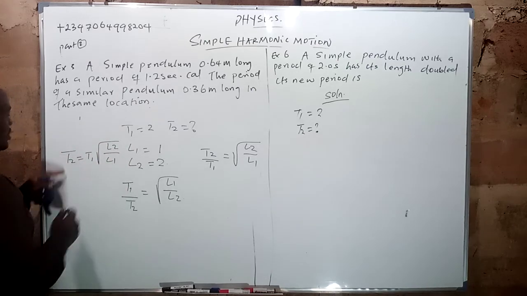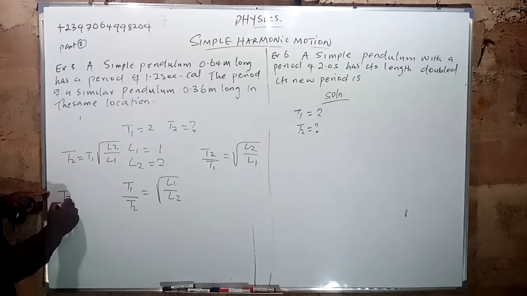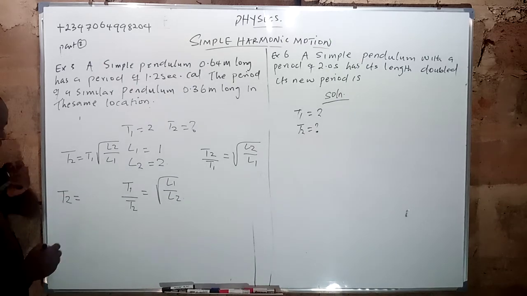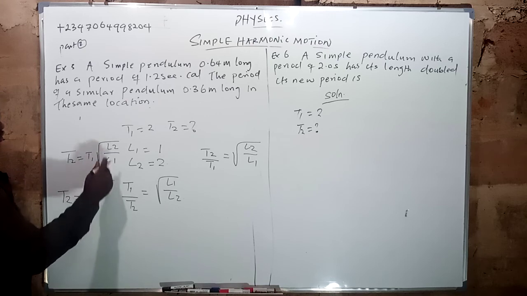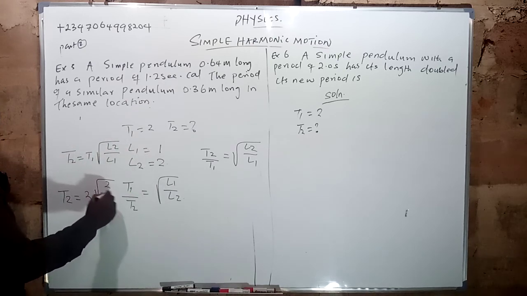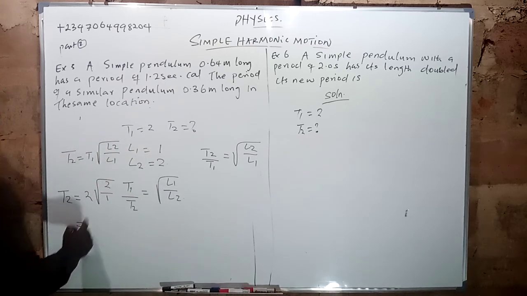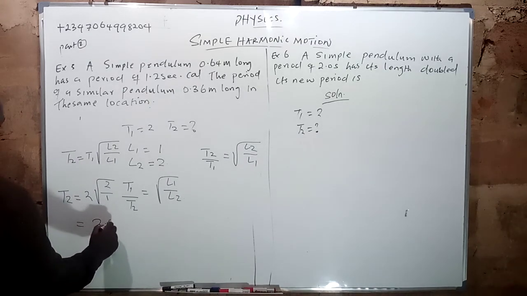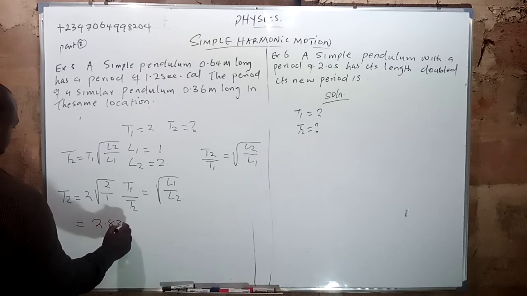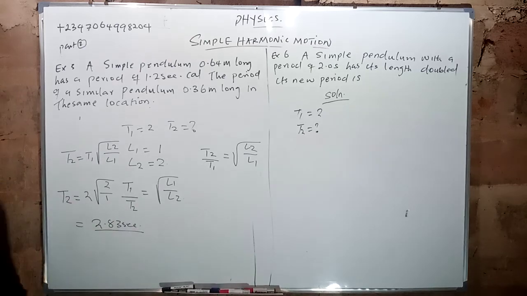Inserting all these things here, T2 is equal to, what is your T1? 2 root of, your L2 is 2 over 1. If you punch it in your calculator, root of 2 times 2, what you will get is 2.83 seconds. That is the answer.